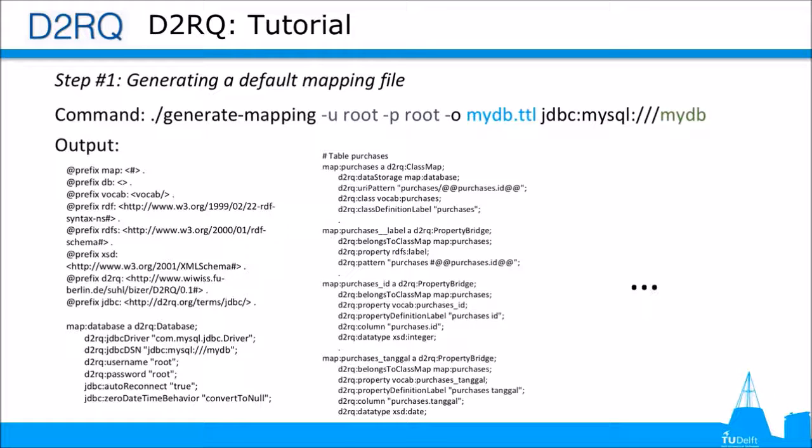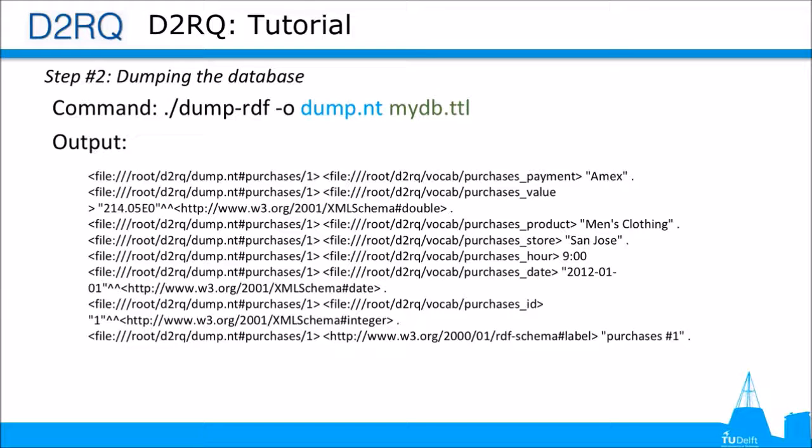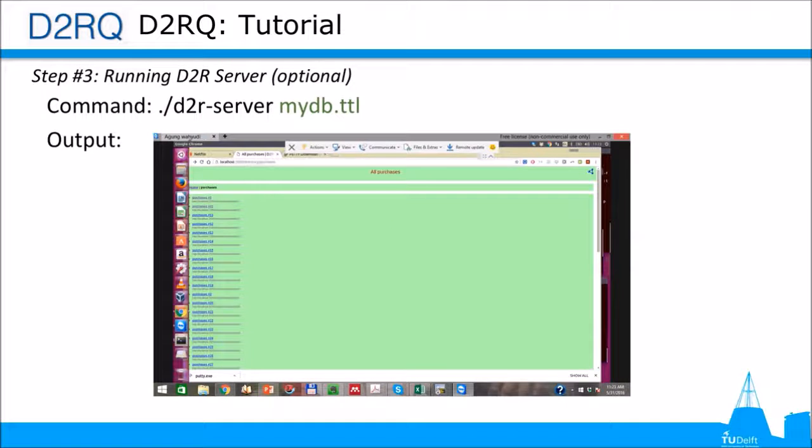The command generate-mapping will map the table structure in the database to a D2RQ file. The second step is to dump the database. Using the map file from the previous step, you then create the RDF. This tool also provides the D2R server, which has a GUI for process and data management.